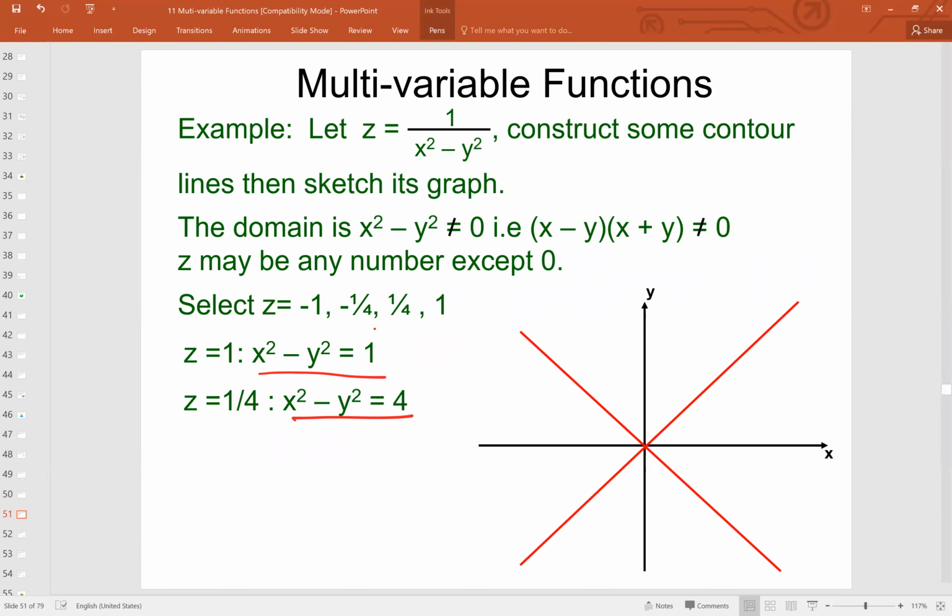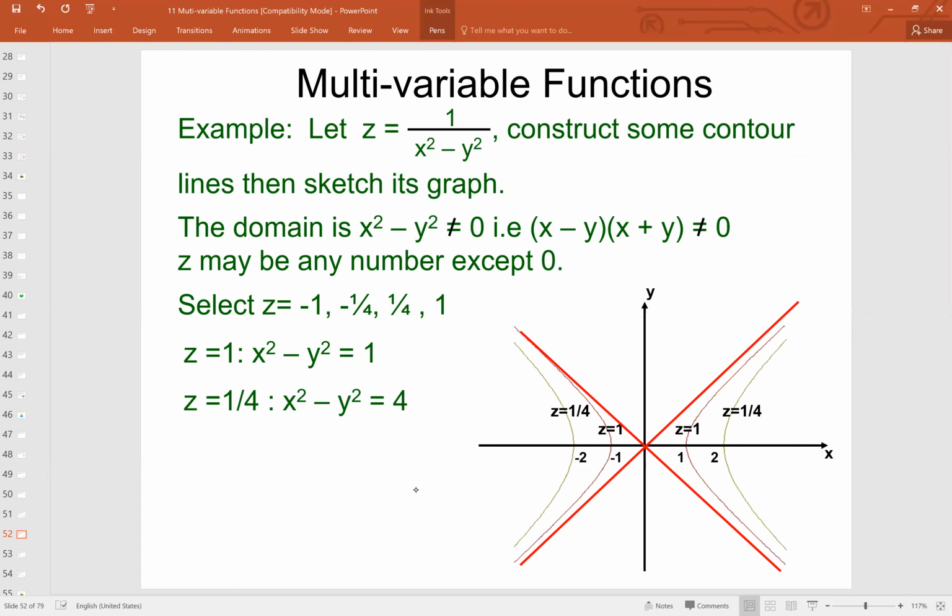In particular, when z is 1, I get a hyperbola as over here. When z is equal to 1/4, actually I get the hyperbola out here. Of course, I get both sides. Sorry, I have to reverse the numbers. When z is equal to 1/4, I get the outside set.